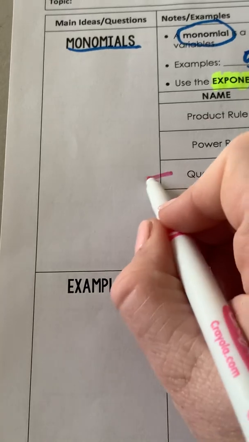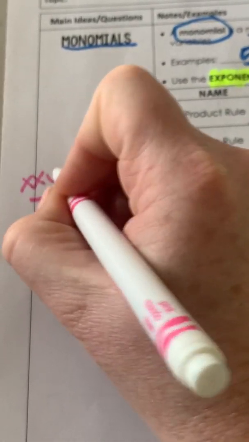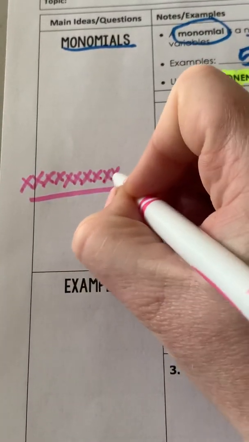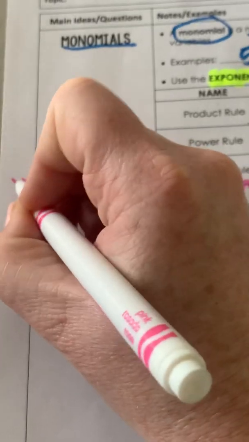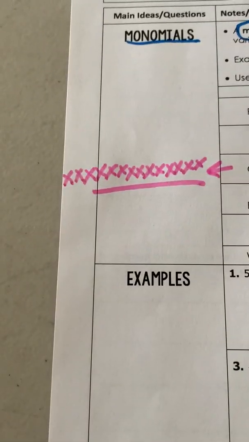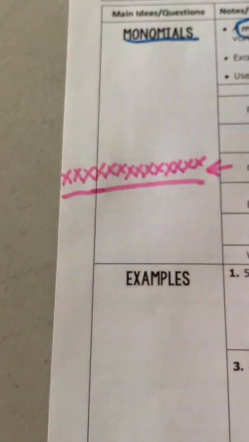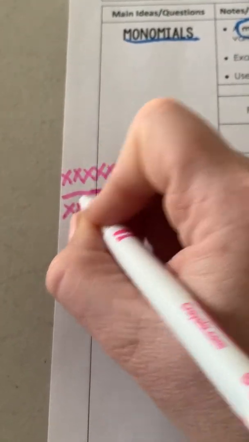Okay, and real quick, I want to show you why that works. So if the quotient rule was x to the 14th, I would have 14 x's. Okay, I just drew 14 x's out. And what if I had x to the 3rd on the bottom? I would have 3 x's.